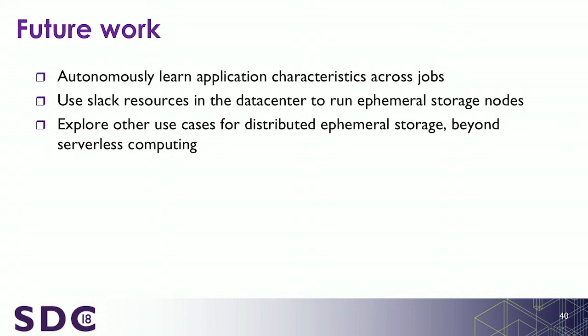In this case, we need Pocket to deal efficiently with resource revocation, where suddenly these resources are needed, so maybe we need better fault tolerance, or at least some way of handling when data is no longer accessible because those resources that used to be idle need to be reclaimed. And although we've talked about Pocket here in the context of serverless analytics, more broadly we think of it as a distributed /tmp, and we're interested in exploring other use cases for this.